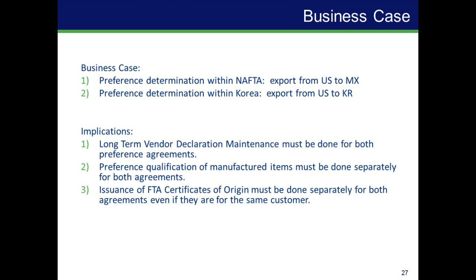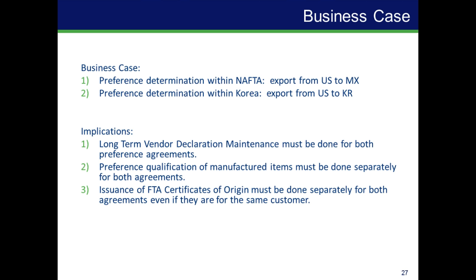And while the system is doing it separately itself, when you're actually running the transaction, you're doing it at a single product. So when you run it for a given product, it's going to check all the applicable preference agreements that are set up for your admin unit. So it's going to look to see what preference can be set under each of those agreements and see if it can determine preference or if it should be set as non-originating.